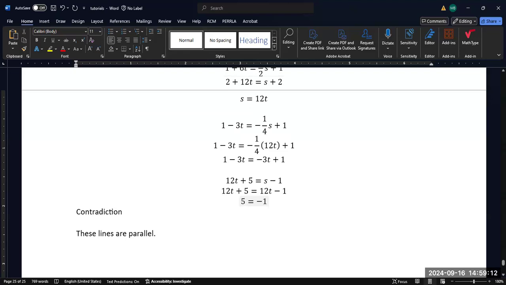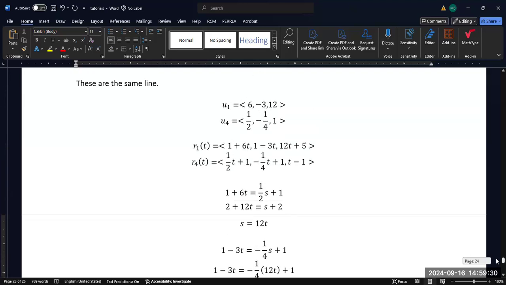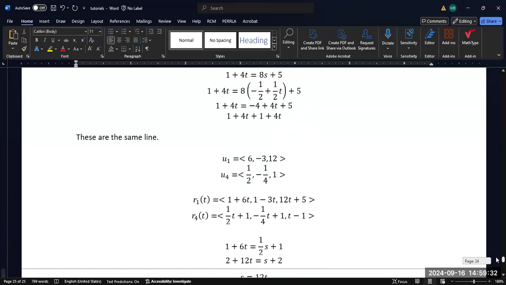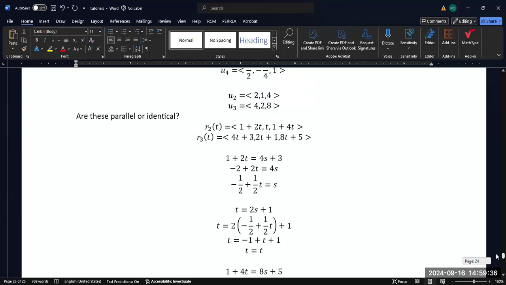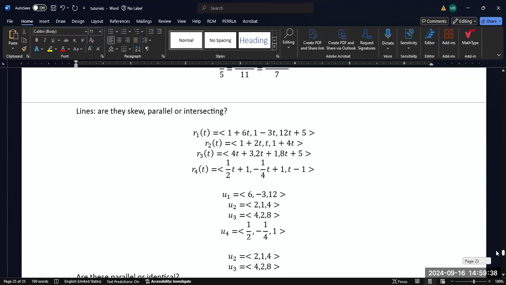Now, the question becomes, what about skew and intersection? If they're not parallel and they're not the same line, then we know that they're either skew or intersecting. So let's look at those scenarios. We determined that R2 and R3 are the same line.